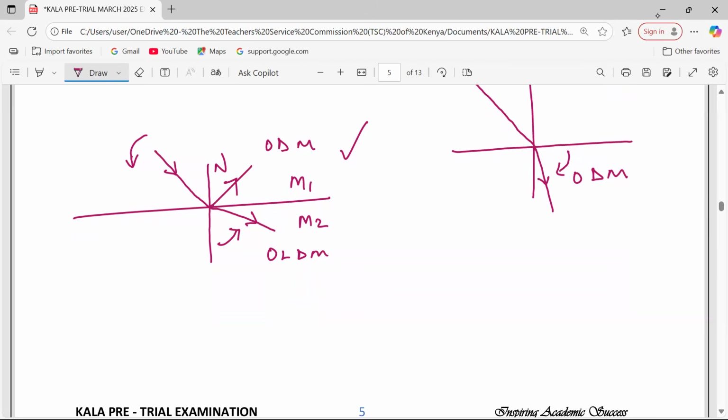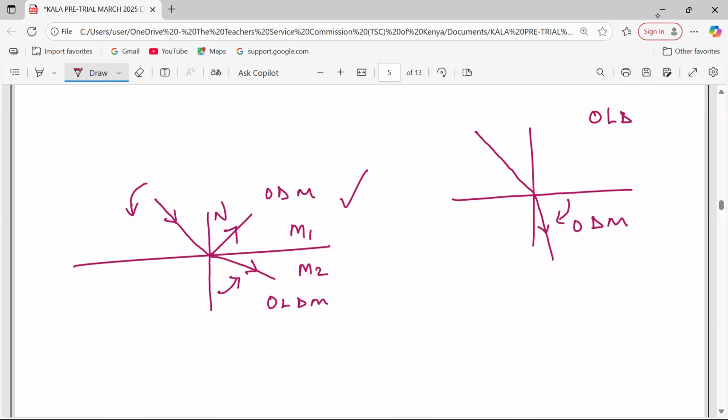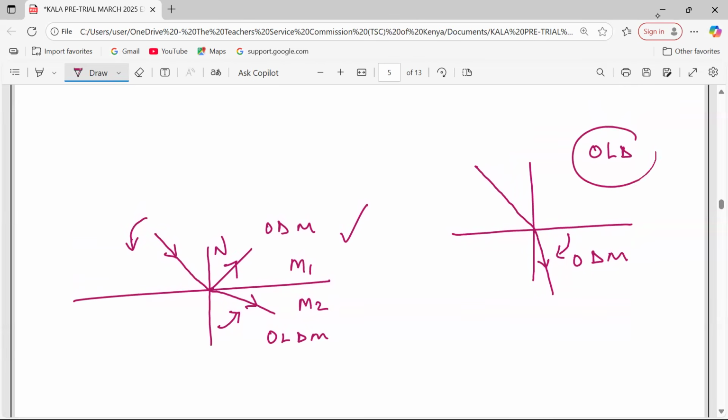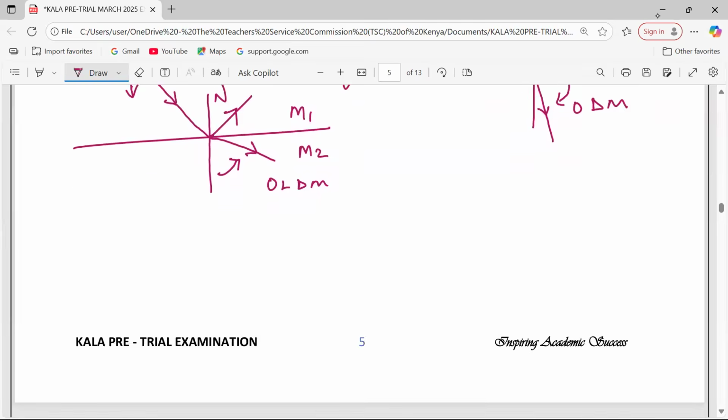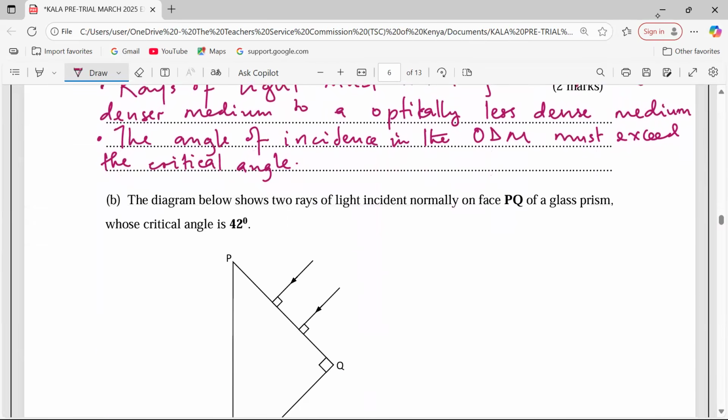So that's why we say, for this particular case, whereby the ray of light is moving from an optically denser medium to an optically less dense medium, at some point total internal reflection is likely to occur. Now, considering the second setup, there is no way total internal reflection shall occur because the refracted ray is towards the normal. So there is no way it shall bounce to the first medium.